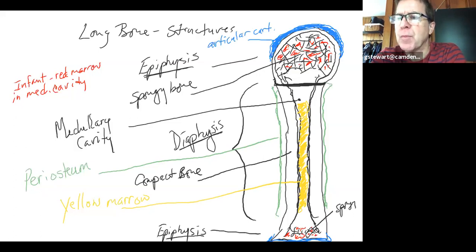And I'm running out of space to write. So over here, I'm just going to write epiphyseal line. That is a scar or a remnant, and there would be another one down here, of where our growth plate was when we were young.